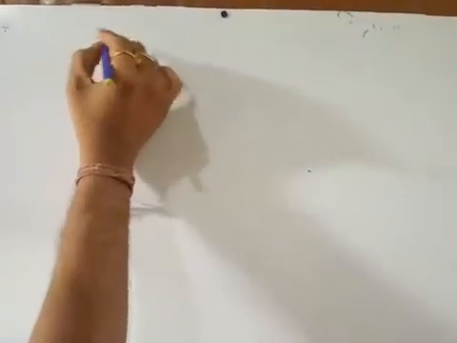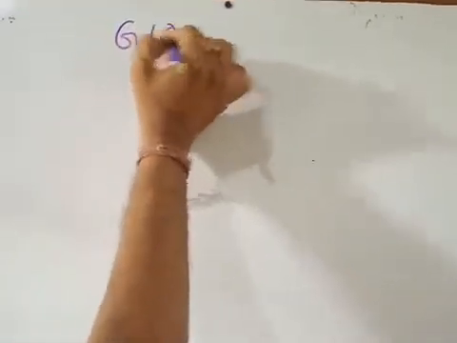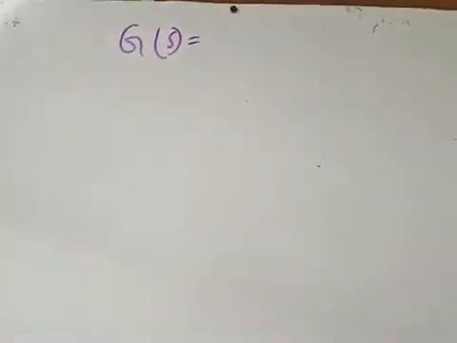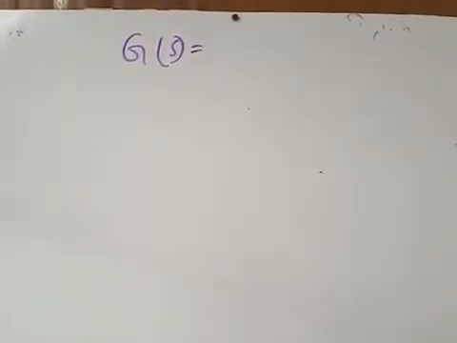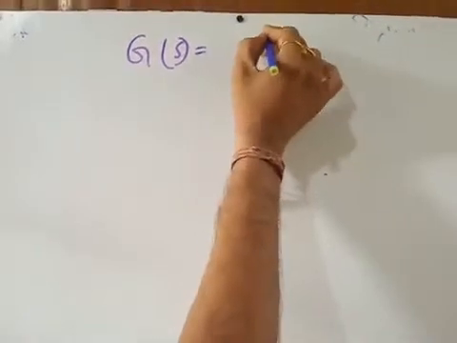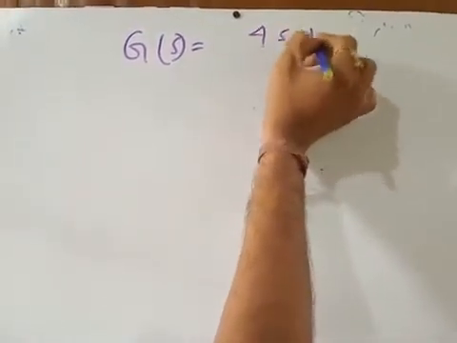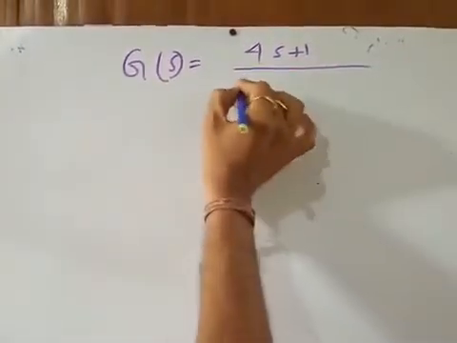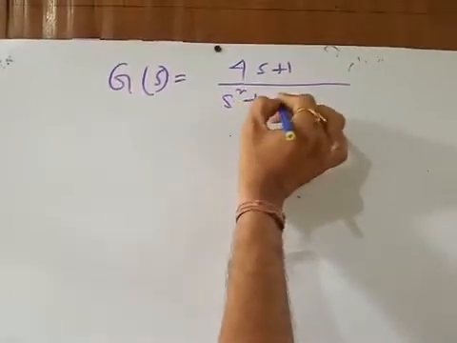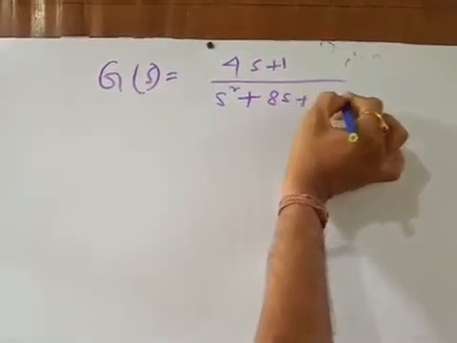In continuance of the previous lecture, I was discussing the characteristics of a system. We need to have an idea of the order of the system and the type of the system. For example, take a system with denominator s square plus 8s plus 25.